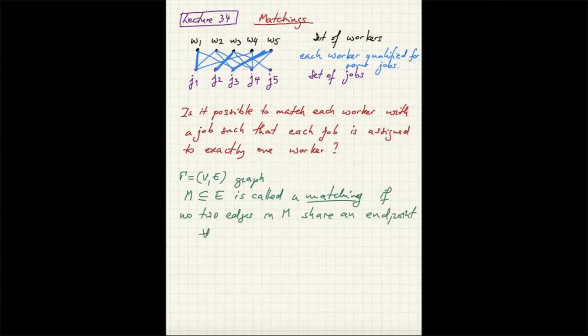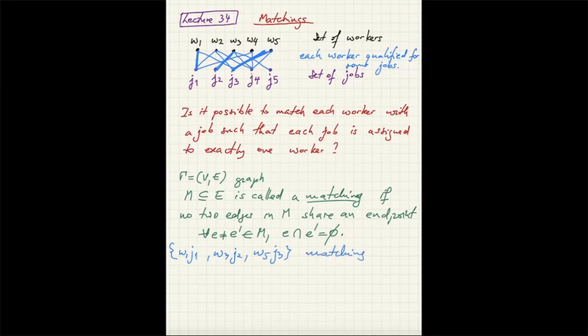So for any e not equal to e prime in our set M, e intersect e prime is the empty set. So in our example on the top, the edges W1, J1, W3, J2, and W5, J3 form a matching.